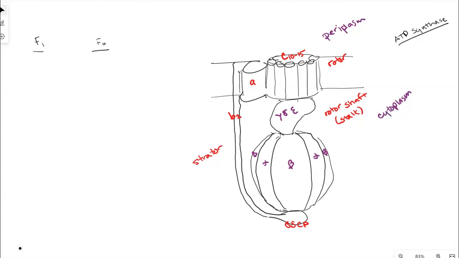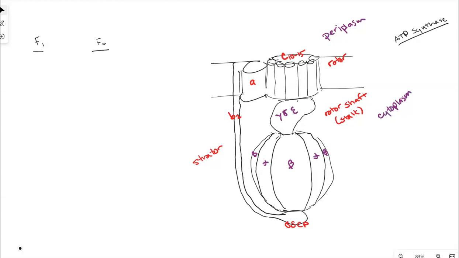You can think of these as chemical machines. It's an enzyme, it's a proton pump, and it's a physically rotating molecular motor. Nearly all the ATP that fuels our cellular processes is made by this multifaceted molecular machine.